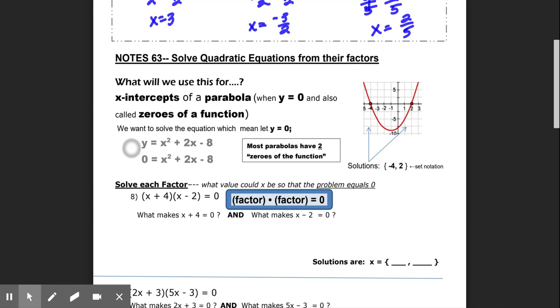So if you have an equation of y is equal to x squared plus 2x minus 8, you're going to let y be 0. So what we're going to do here is we have to solve each factor. So what value could x be so that the problem is equal to 0? So right here, I took x squared plus 2x minus 8, and I factored it into two binomials. So remember, when you have a minus in front of the last term, the signs are going to be different.